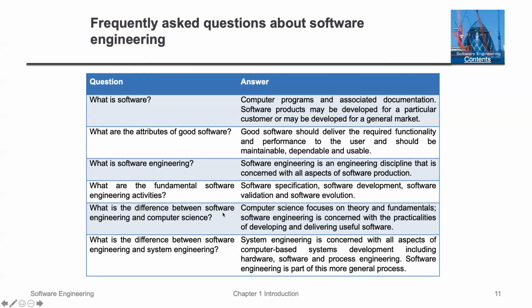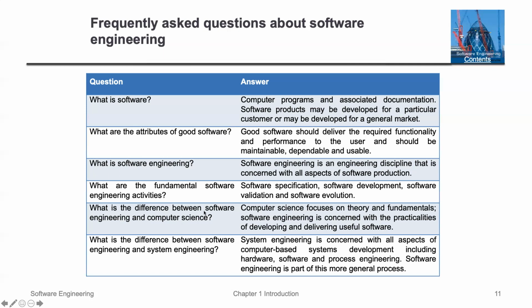What is the difference between software engineering and computer science? Here is an interesting thing: maybe you might think that these are just about the same. Computer science focuses on theory and fundamentals. Software engineering is concerned with the practicalities of developing and delivering useful software. And finally, what is the difference between software engineering and system engineering?